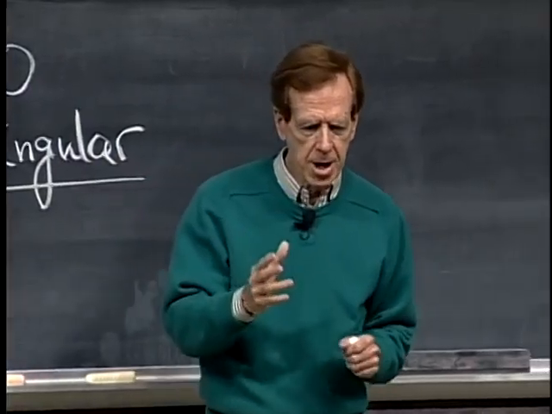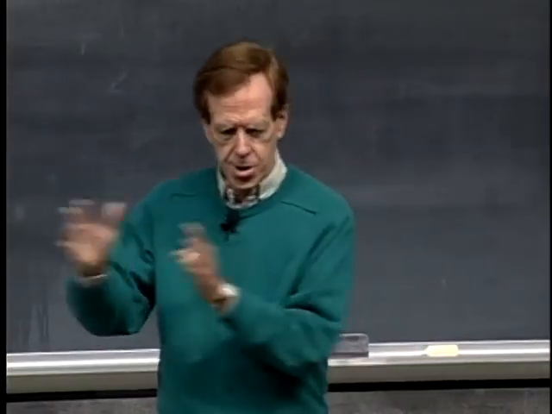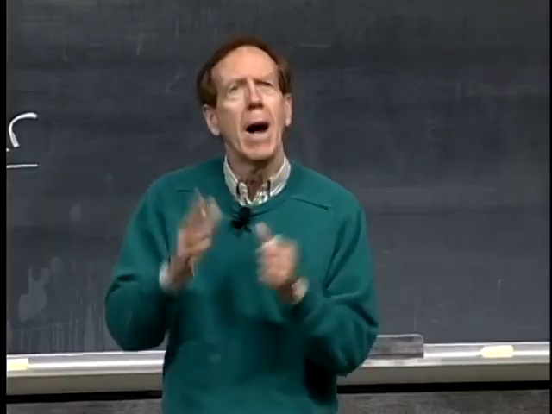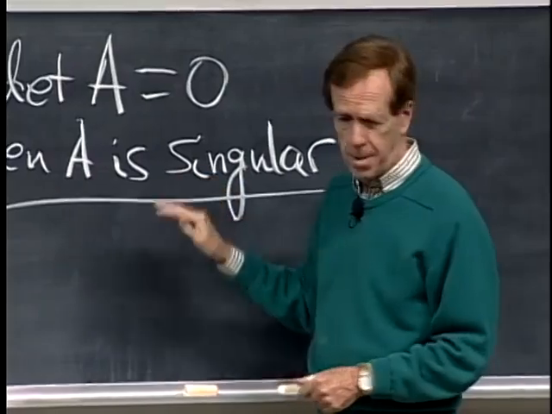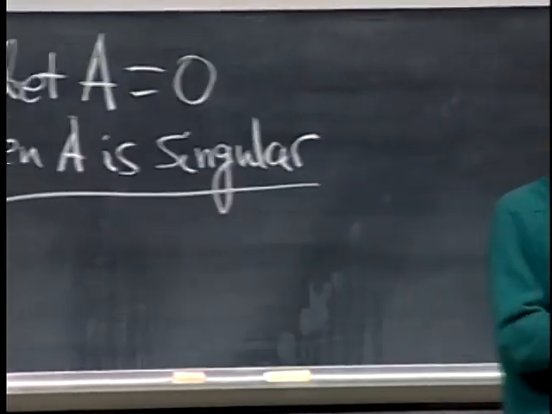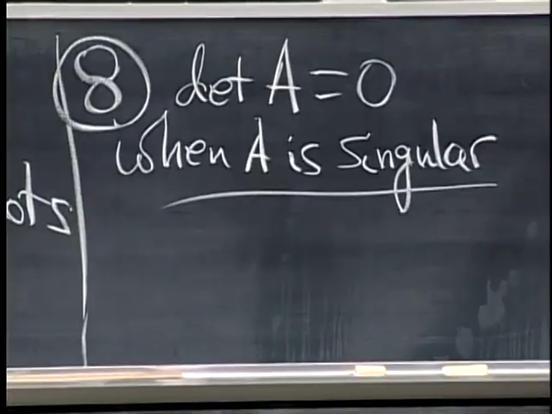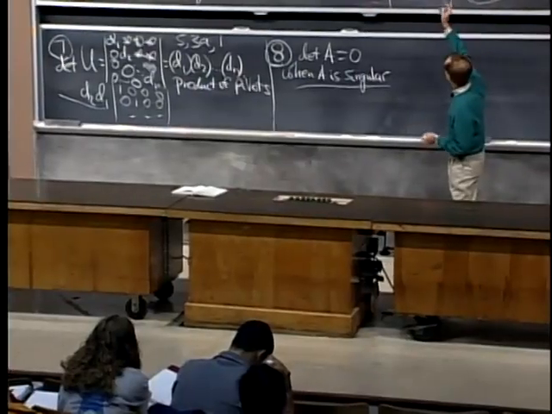By elimination, I can go from the original A to U. Now suppose the matrix is singular. If the matrix is singular, what happens? Then by elimination, I get a row of zeros. And therefore, the determinant is 0.